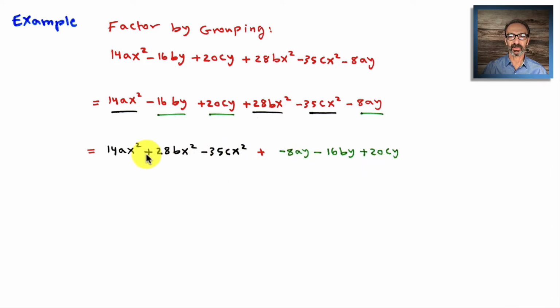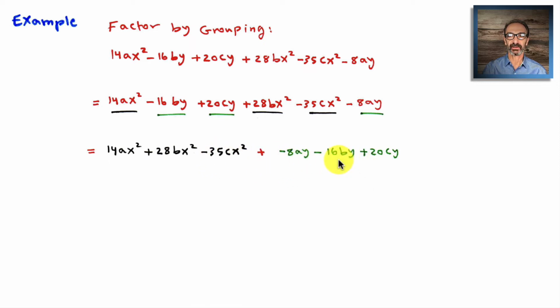So from these terms, we're going to factor x to the second. Of course, looking at anything else, a and b and c, no. 14, 28, and 35, they all could afford a 7 as a common factor. 14 divides by 7, 28 divides by 7, and 35 divides by 7. So we're going to take also 7 out.